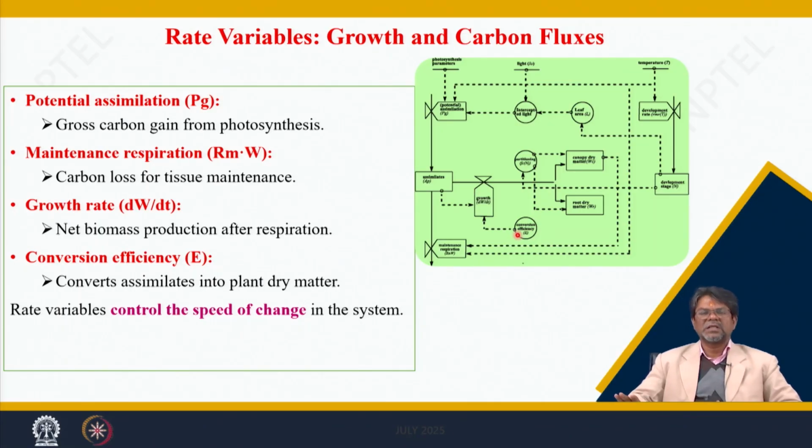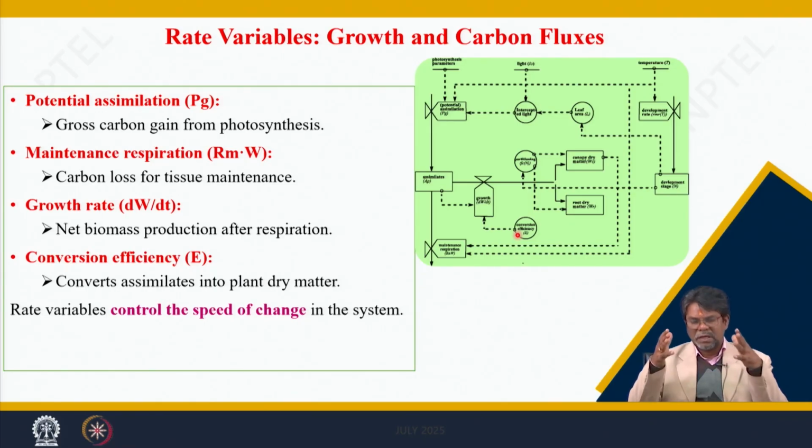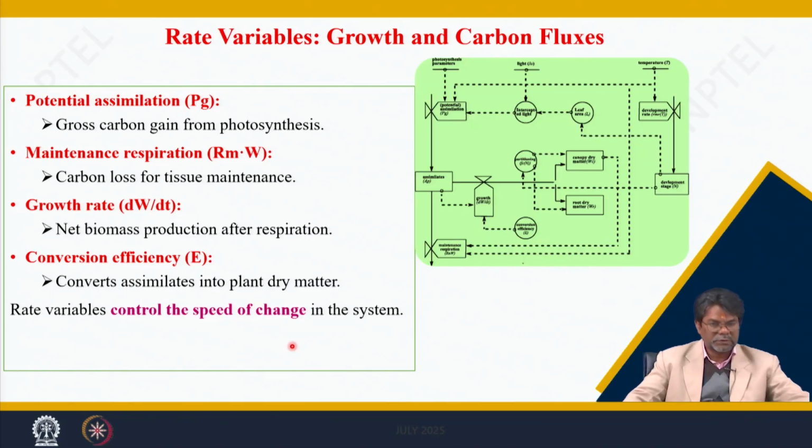That is, how much of the assimilated carbohydrate is converted to the growth rate, the dry tissue formation. That is the conversion efficiency. Then, the rate variables control the speed of change in the system.